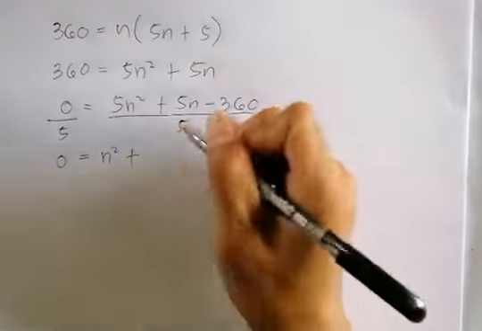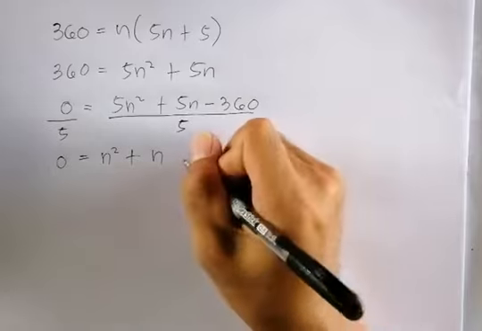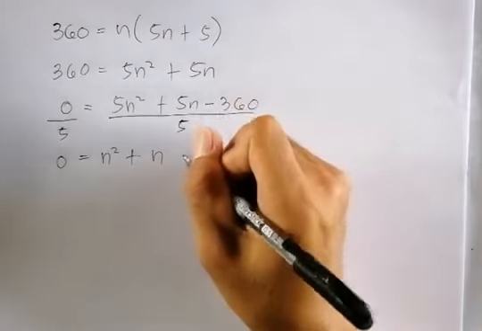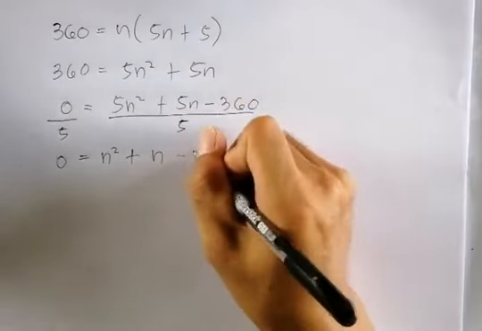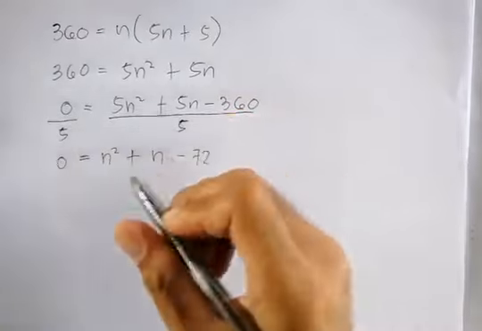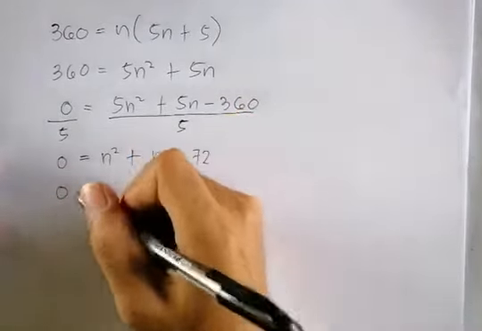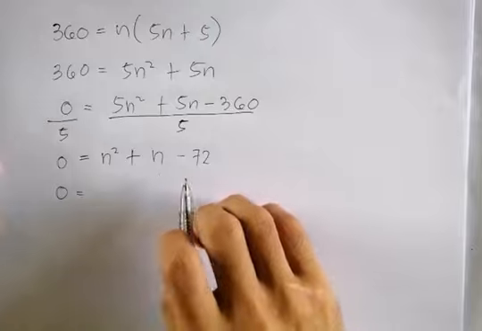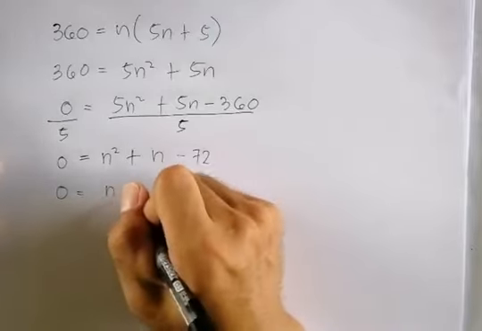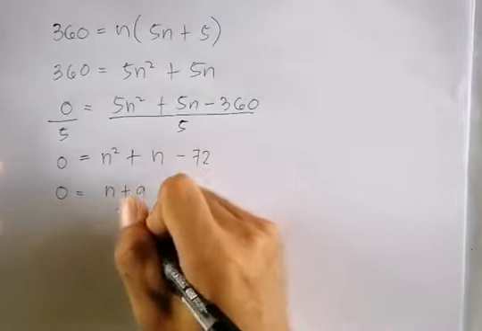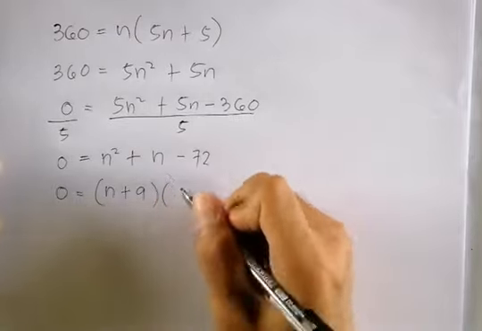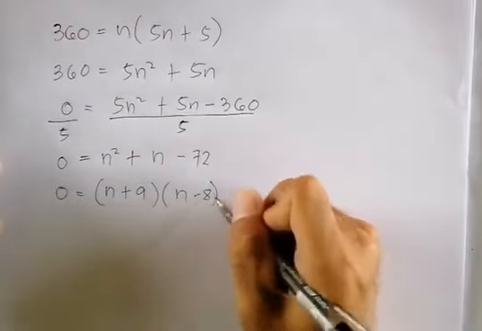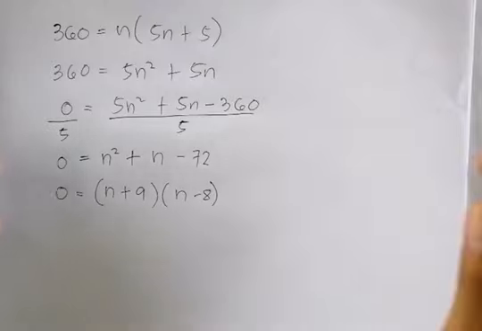Then 5n divided by 5 is n. 360 divided by 5 is 72. So find the factor of n squared plus n minus 72, and that is n plus 9 times the quantity of n minus 8.